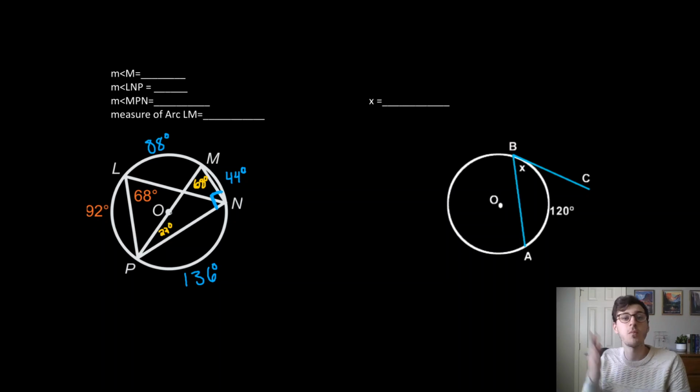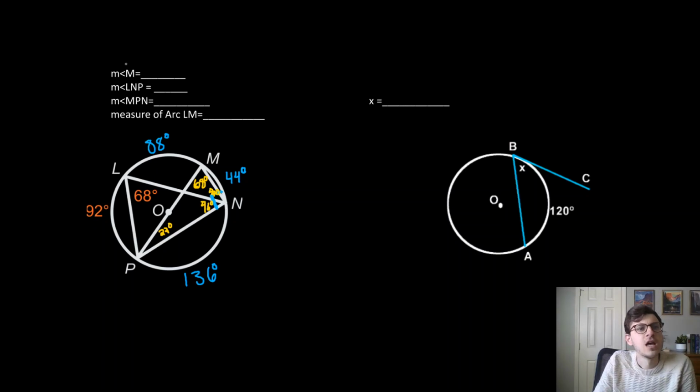Okay, so I just found a whole bunch of stuff. I'm not even sure if I found everything I needed to. I guess we could also say that angle LNP is half of 92, so that's 46 degrees. Which, because these two add to 90, would make this 44 degrees. I think that's most of it.